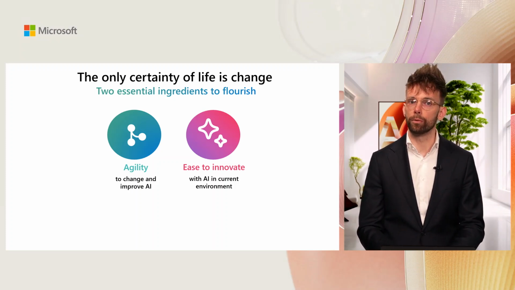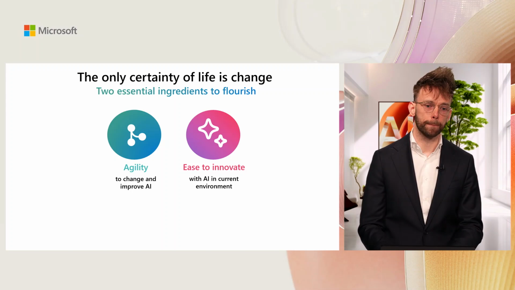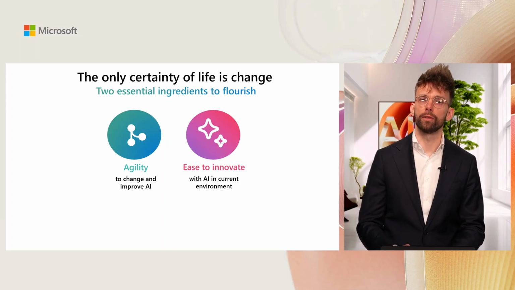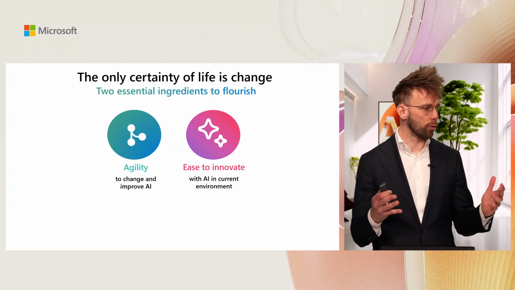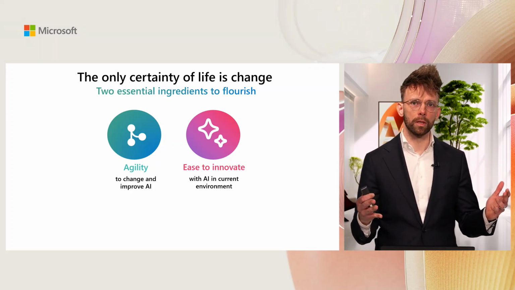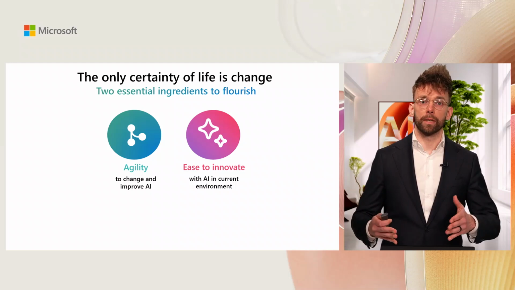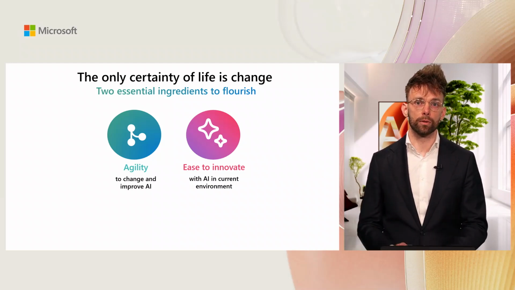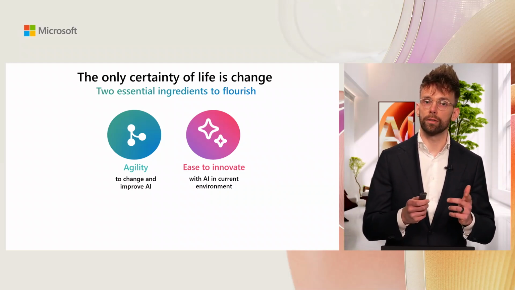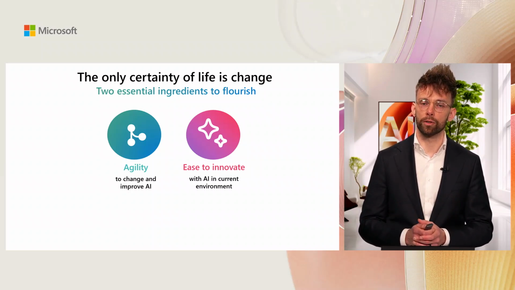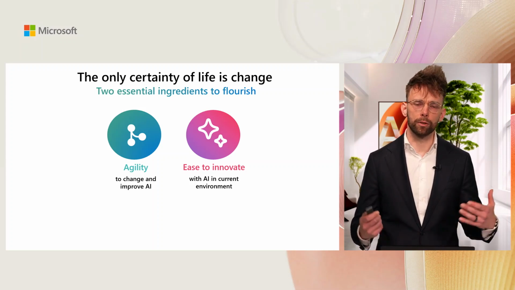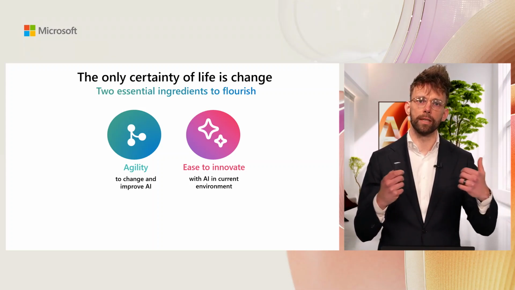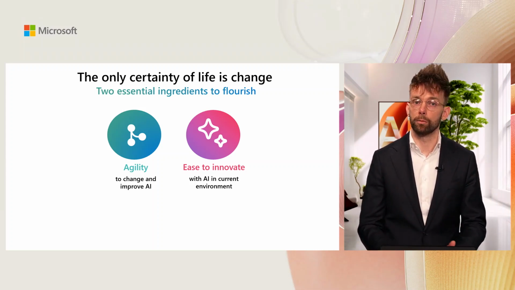You need to be able to pivot to all of this change. And with that, you also need to have a certain ease to start innovating. You need a powerful toolbox at your disposal to achieve your most ambitious goals. Oh, and by the way, that shouldn't just be a shiny toolbox sitting next to your current environment. No, it needs to integrate, needs to adapt with your current environment, needs to be practical.